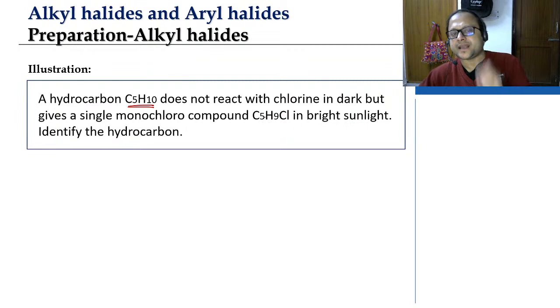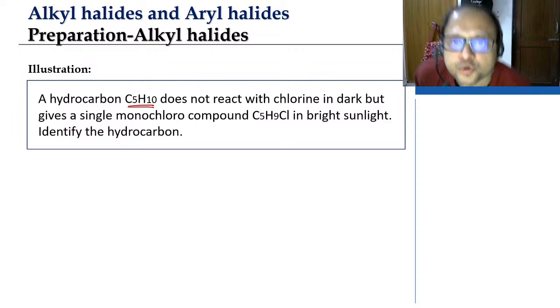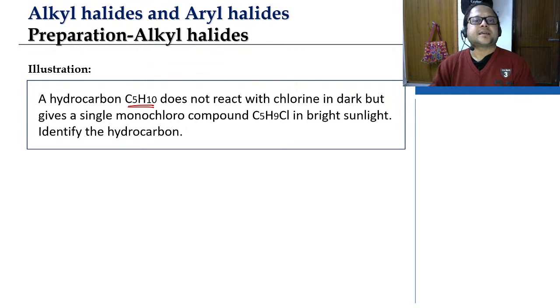But if you draw any alkene, it is going to give you more than one possibility of various monochloro isomers. So it is going to be difficult to predict which one it is going to be. Now it says that it has got only a single monochloro compound.